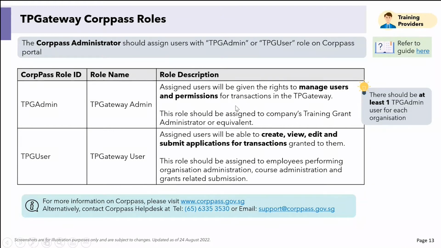So the TPGateway admin can just provide this user with permission to the course application tile. Then when this user logs in, they can only perform transactions within that tile itself. They won't be able to do any transactions for those tiles that they do not have permissions for.